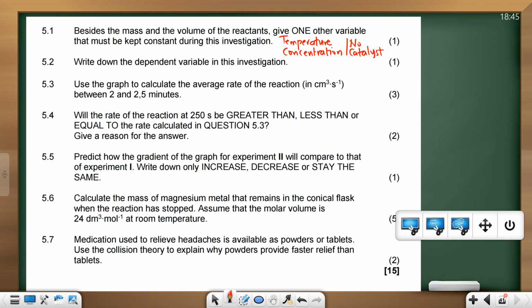If I'm giving you a car, I can't give you a Mercedes-Benz and the other an Uno, I'm not fair as well. Even if I want to give a Mercedes-Benz and an Uno, I must make sure both of you drive the same, hitting the accelerator the same way. Then I'm testing the car.